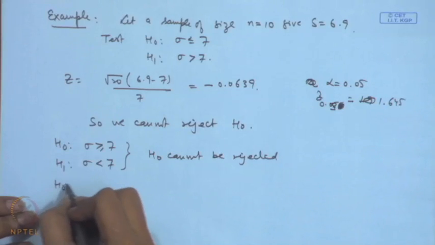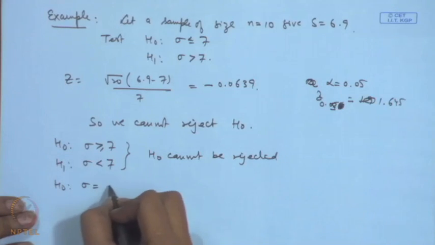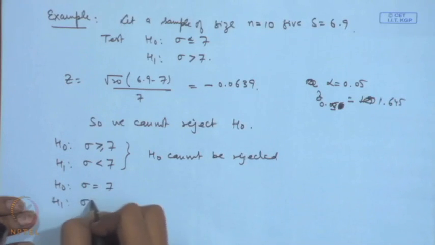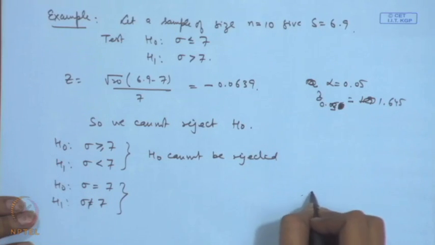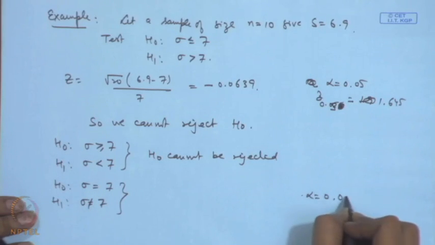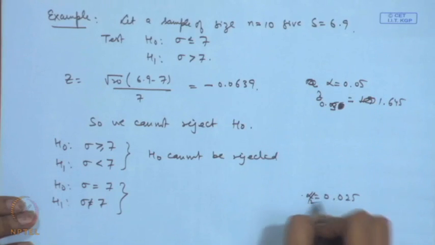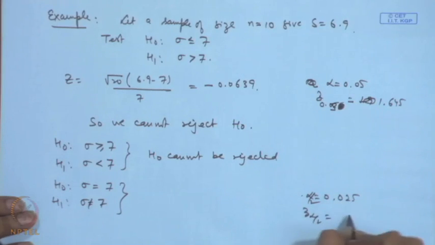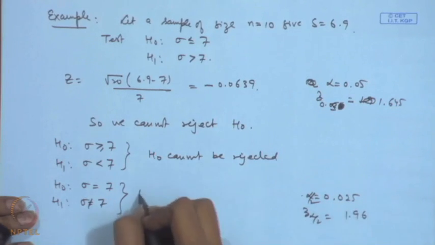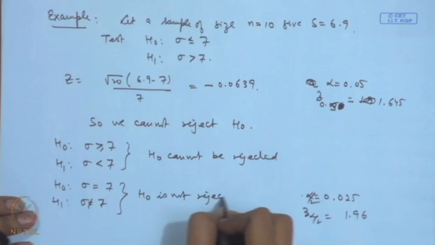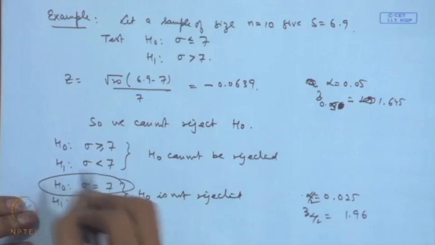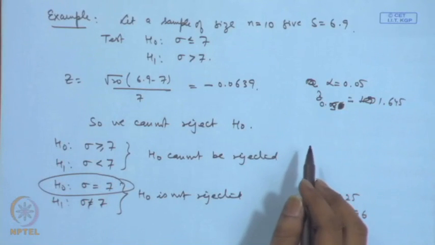So, if we consider H naught: sigma is equal to 7 against H 1: sigma is not equal to 7, here you will consider two sided, alpha by 2. So, Z alpha by 2 will be equal to 1.96. So, again H naught is not rejected. So, actually we can say that sigma is approximately 7 here.